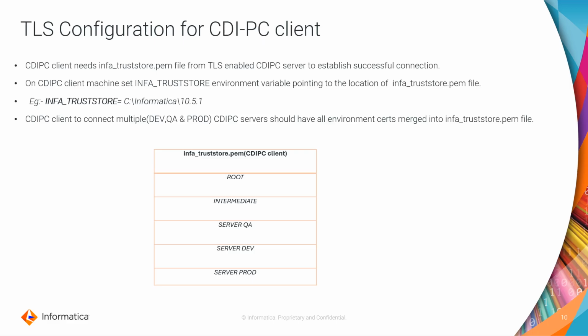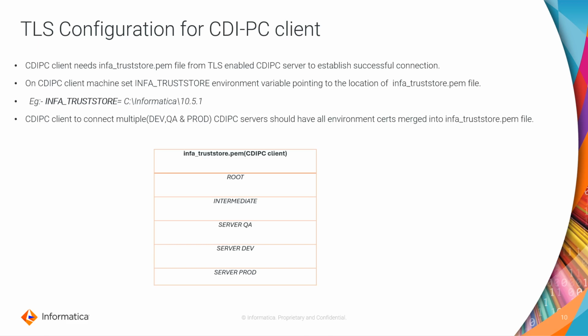So that the client knows which truststore file to read, we have to set an environment variable infra_truststore equal to the path where the infra_truststore.pem file is placed. Here the file name is not required, only the path to the file.